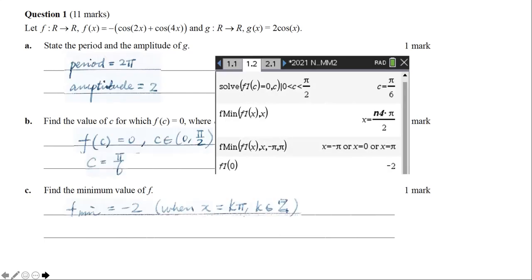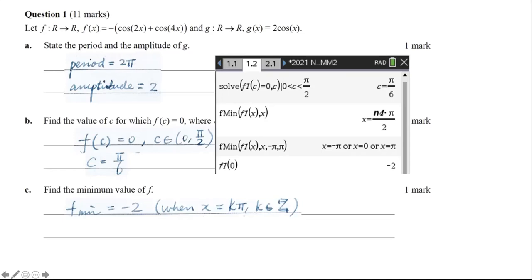Notice that I did not need to state the values of x because the question hasn't asked me to state the value of x. So you just simply say f minimum equals -2.